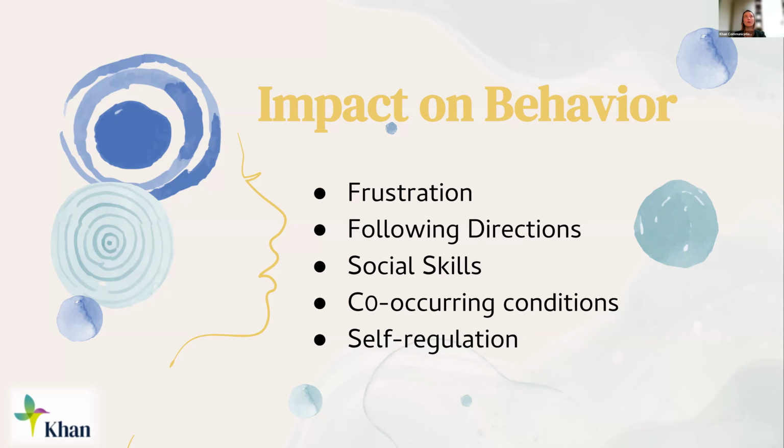So co-occurring meaning that they have intellectual developmental delays and they also have another condition like ADHD or anxiety or autism, which will complicate the supports that that student receives or needs, and also kind of complicate the whole dynamic of figuring out how do we best support this student if we have co-occurring conditions happening at the same time, right?